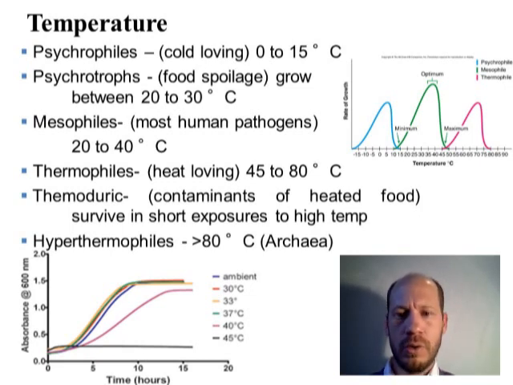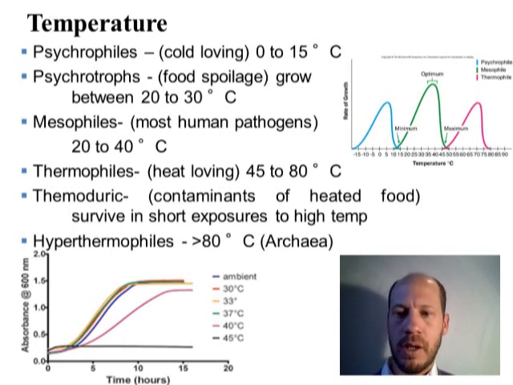Psychrophiles means cold loving, and they would live between 0 and 15 degrees Celsius. The psychrotrophs would tolerate or live especially between 20 and 30 degrees Celsius. That's normal room temperature and normal temperature for most soils.